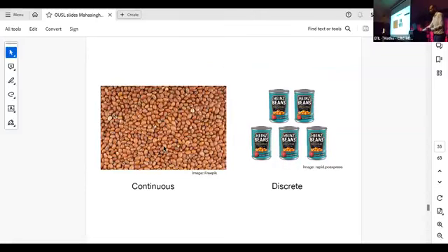Here's a very good example that makes sense. Continuous: if you want, in kilograms, let me say, 1.53 kilograms of beets, can you get it? Yes, you can.